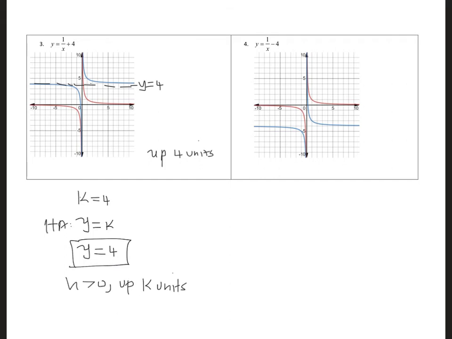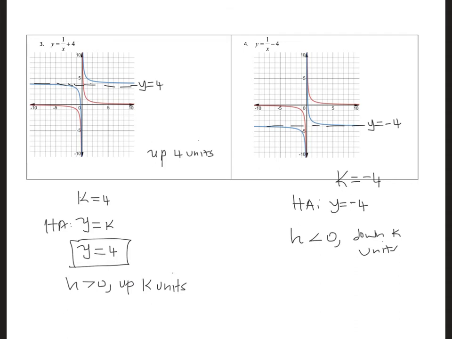For this one, the horizontal asymptote is right here, y equals -4. I know it's given by k, which is y equals -4. Remember this is the same as the value of k, k equals -4. And I can see when k is less than 0, the graph moves down k units.